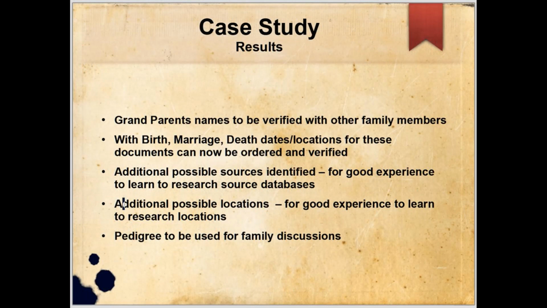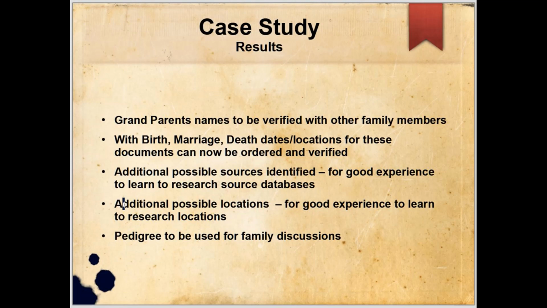You've got birth, marriage, and death dates for the majority of the people, and also the locations for these events, so you can write to the proper authorities and get those certificates. Additional possible sources are identified for a good experience. If you go through each one of those databases and search them, you're going to have a really good foundation for searching databases. And then additional possible locations.